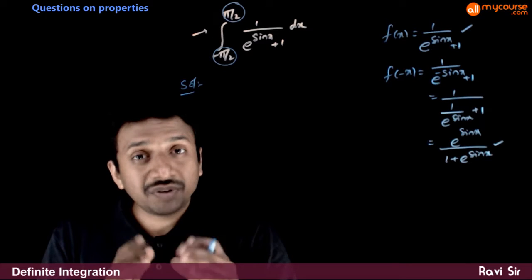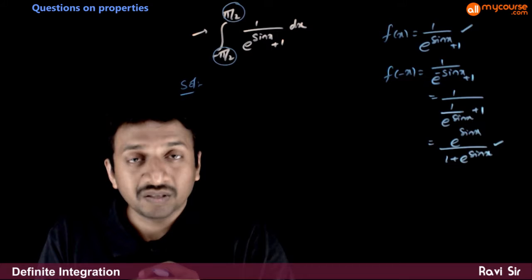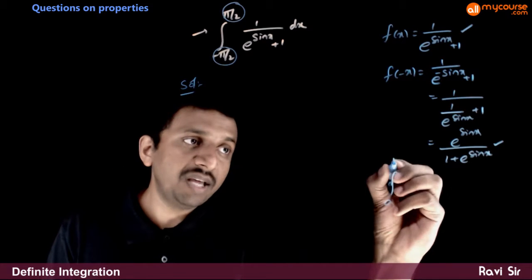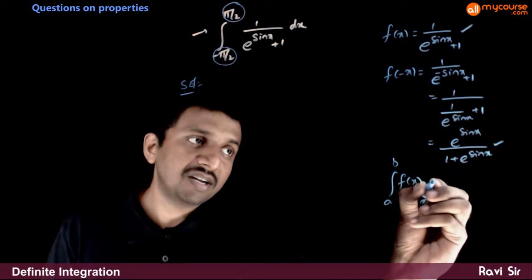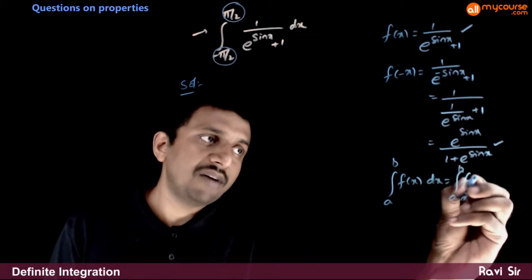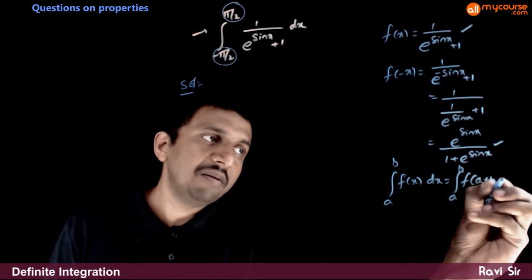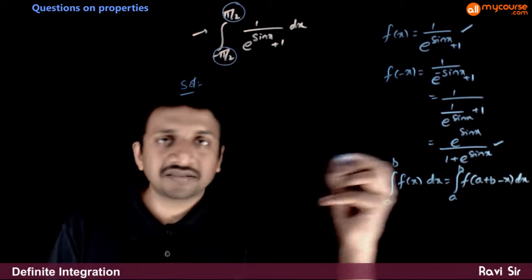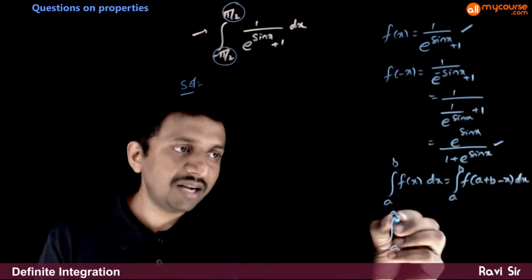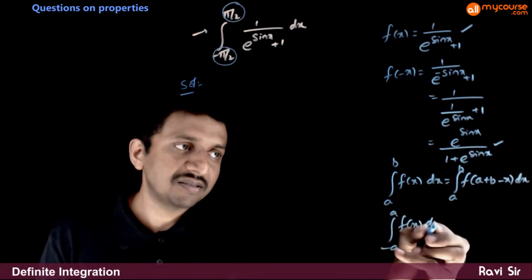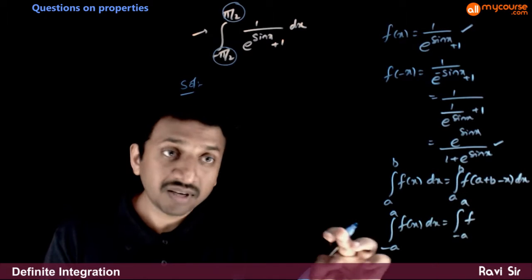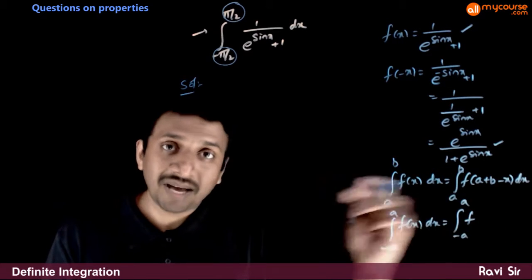So in these types of questions we use a different property. The property is that integration a to b f of x dx is equal to integration a to b f of a plus b minus x dx. So if you have integration from minus a to a f of x dx, this is equal to integration from minus a to a f of minus a plus a minus x.